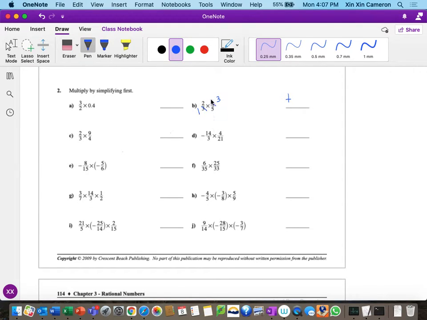Now, 2 multiplied by 3 is 6. 1 multiplied by 5 is 5. So, 6 over 5.